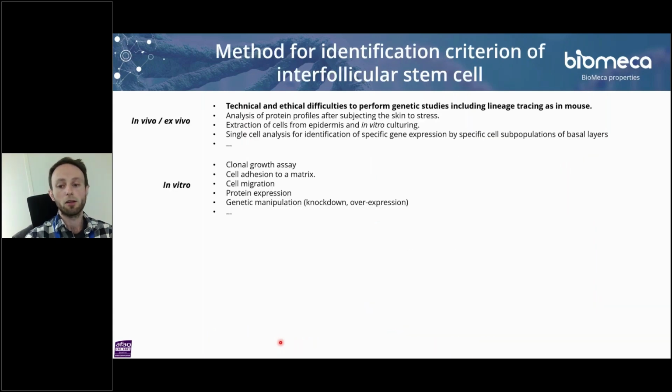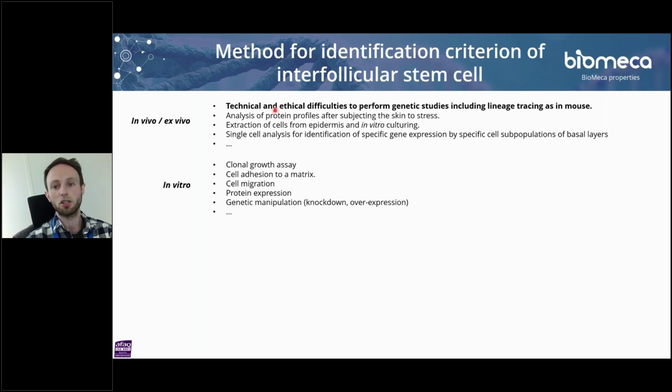In order to determine the stemness potential of this cell population, several approaches have been led. Obviously, in human, we are technically limited in vivo by ethical reasons, and genetic studies such as lineage tracing are difficult to perform in human skin as they are in mouse.